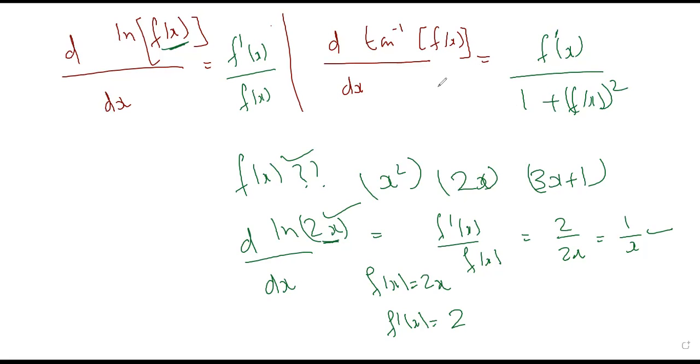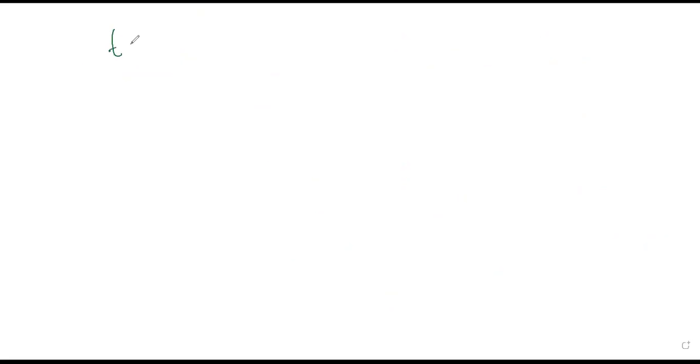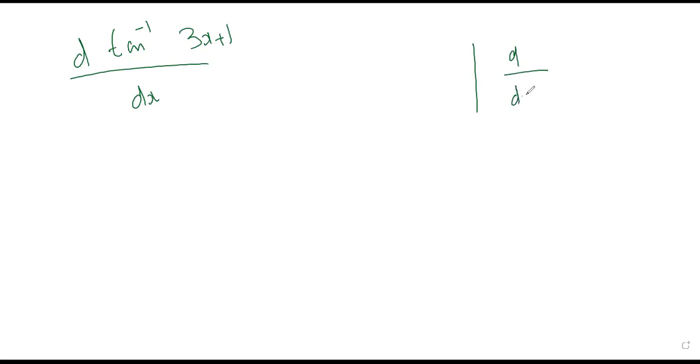You need to practice some random questions. Okay, I have a question for you. Take out a paper and tell me what would be the derivative of tan inverse of 3x plus 1, and I'll write the general formula.